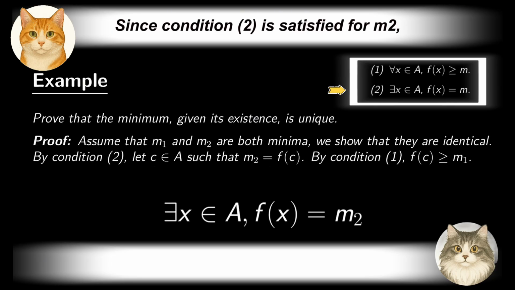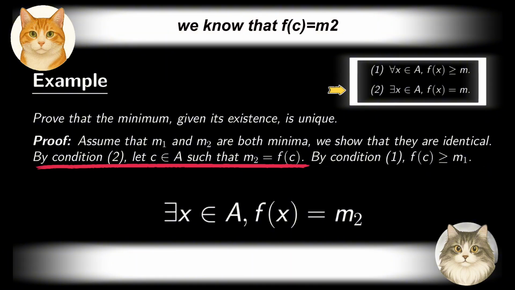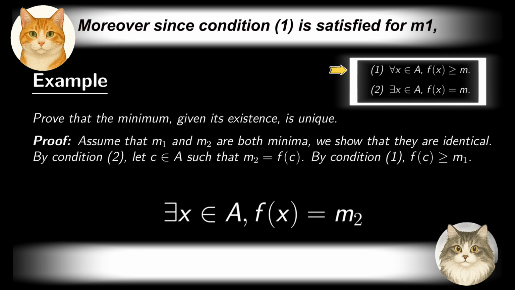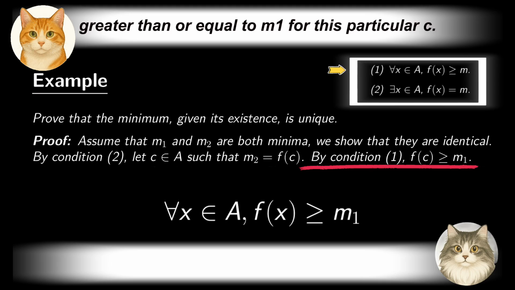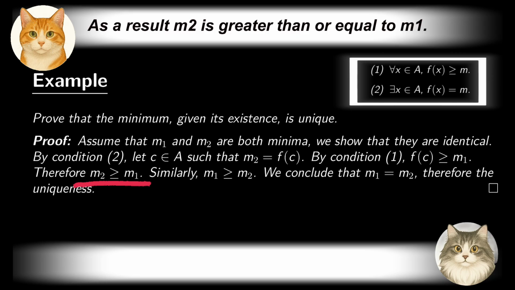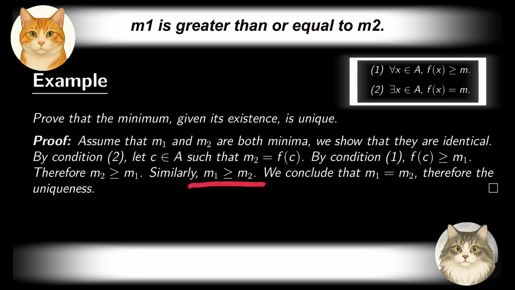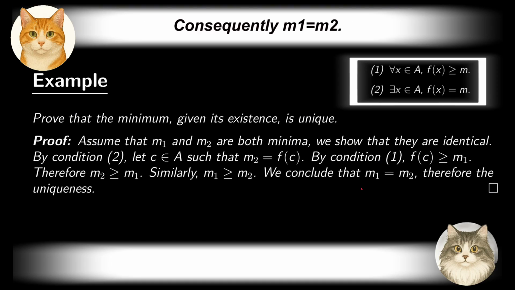Since condition 2 is satisfied, by the rule of existential instantiation, we know that m2 equals f(c) for some fresh element c in A. Moreover, since condition 1 is satisfied, by the rule of universal instantiation, we have f(c) greater than or equal to m1 for this particular c. As a result, m2 is greater than or equal to m1. A similar argument shows that m1 is greater than or equal to m2. We leave the audience to fill in the details. Consequently, m1 and m2 are identical.